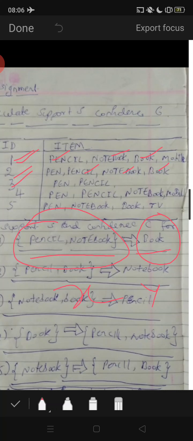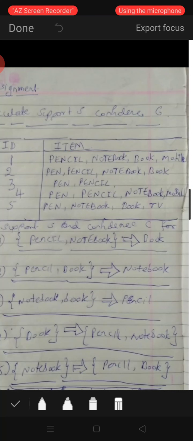In the fourth transaction, pencil and notebook are there, but book is not available. In the fifth transaction, pencil is not available. So only two transactions, not three, two transactions contain this. So it is 2 by 5. So support is nothing but 2 by 5.